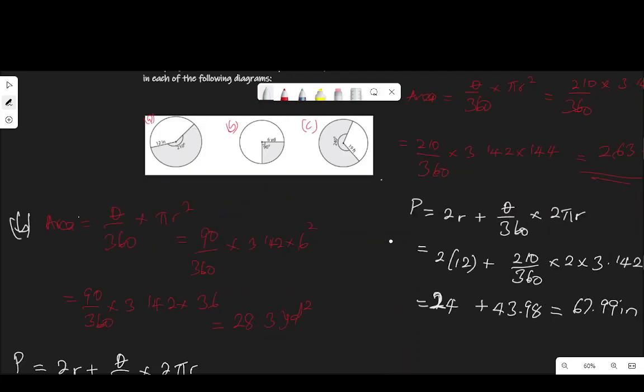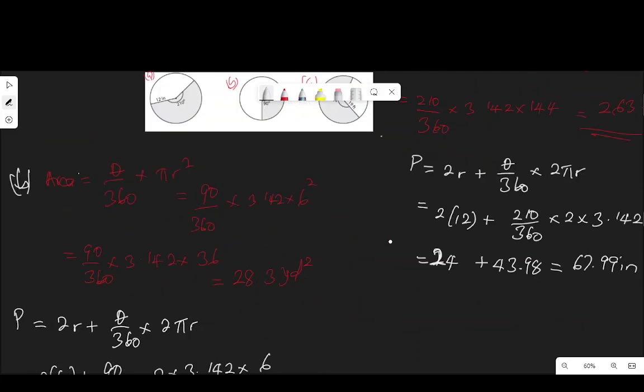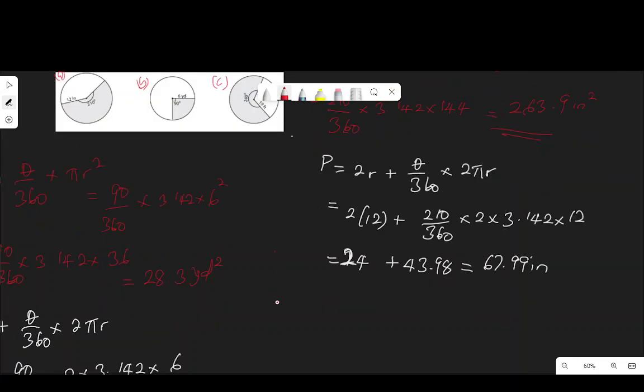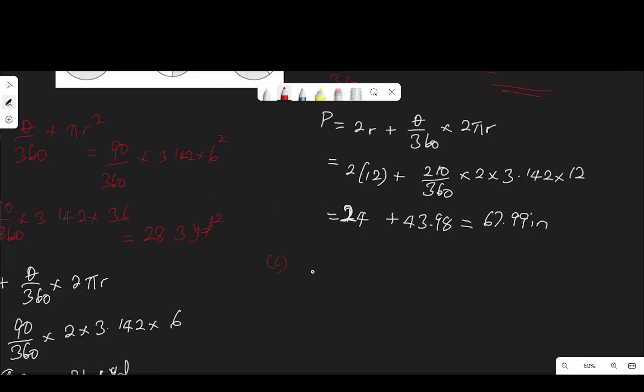For the last one, let's do it here. What is the radius there? Radius is 19 feet. Let's use it for the area. Area, that's question C here now. Area is theta over 360 times pi r square. Theta there is 240. 240 divide 360 times pi 3.142.